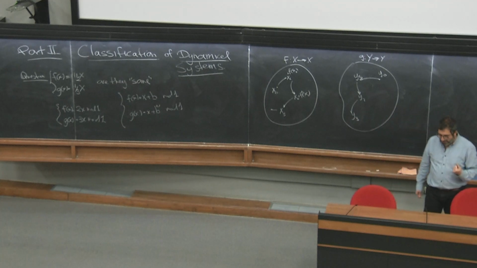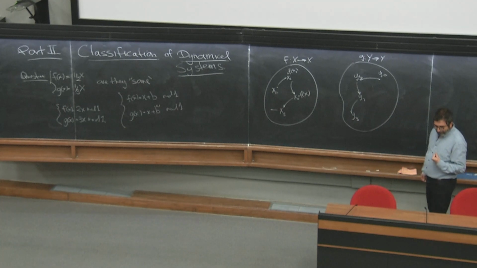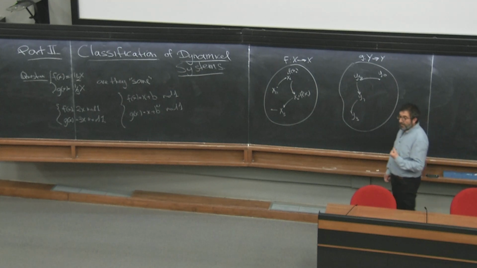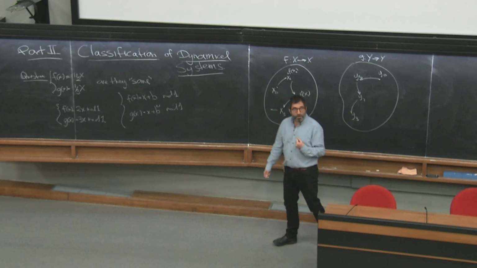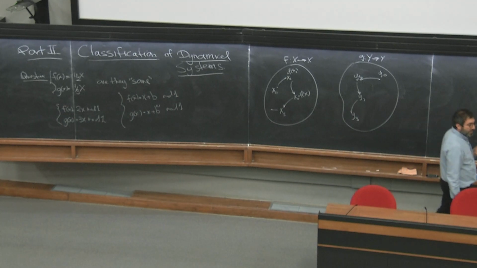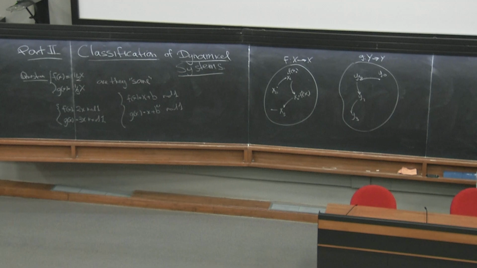What do you think, Junaid? Somehow the orbits should be similar. The orbits should be similar. That is an absolutely very good observation, because if you remember from the very first class, the orbit is the fundamental object that we're interested in in a dynamical system.